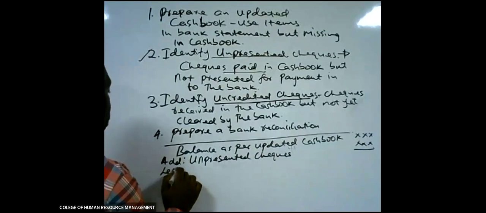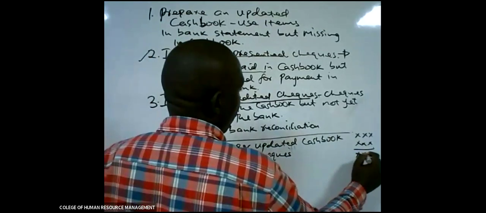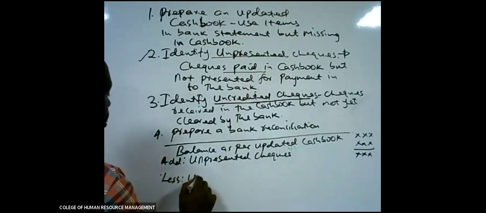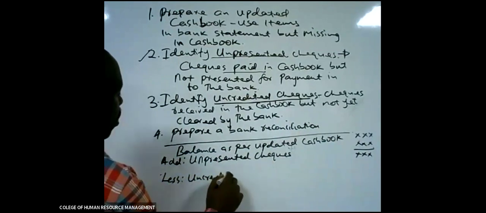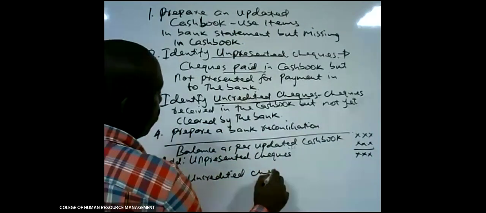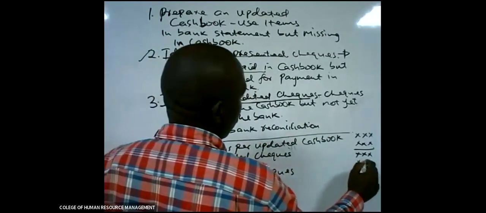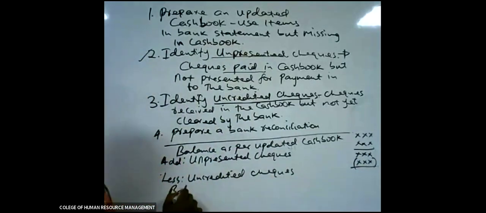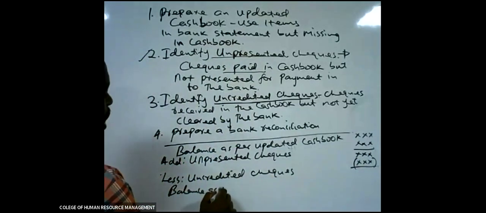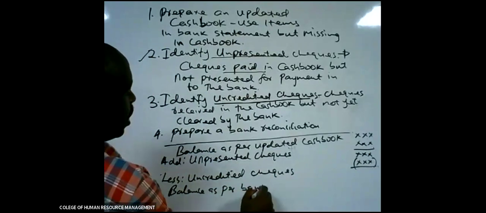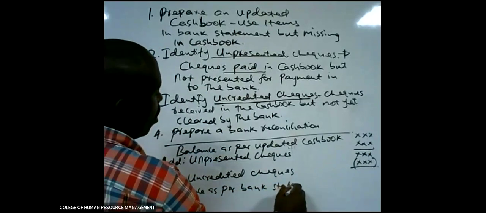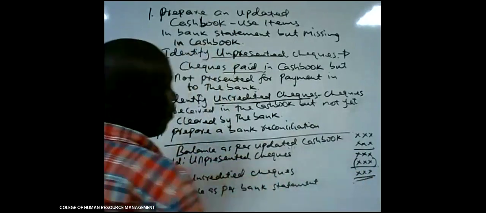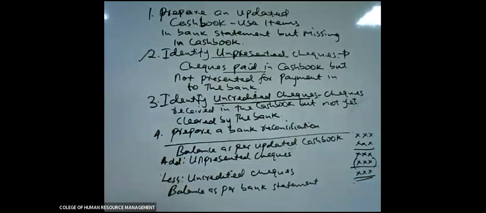Then after adding, you get a figure there. Then from there, you less the uncredited checks, so that now you can get the balance as per bank. And that is the end of it.